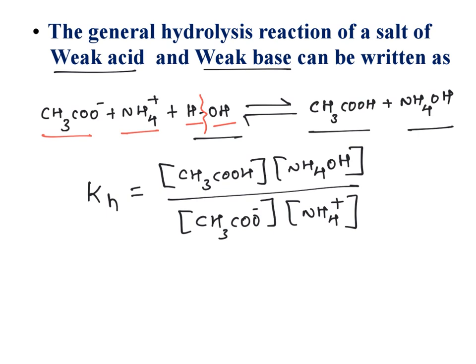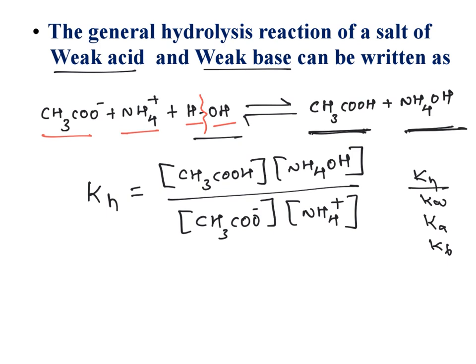In the previous two salts, in one case we observed the acid and in another case we observed the base. If it is acid, we took a relationship between KH, Kw and Ka, and in the other case we observed the base, and that time we took Kb. Now in this case we are observing acid and base, both we have to consider for writing a relationship with hydrolysis constant.